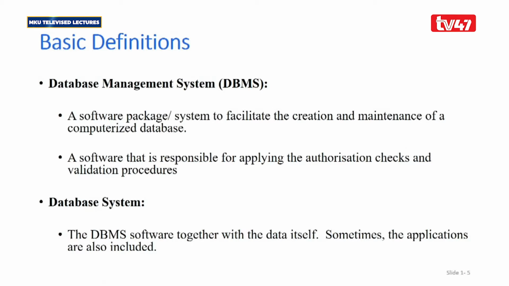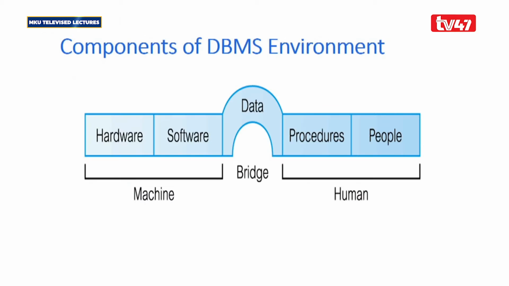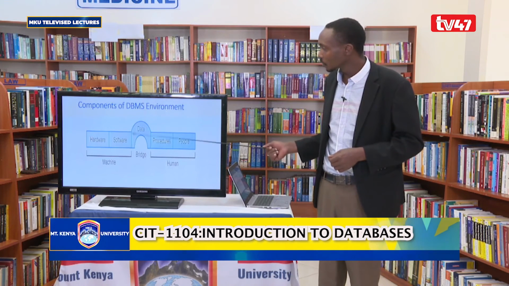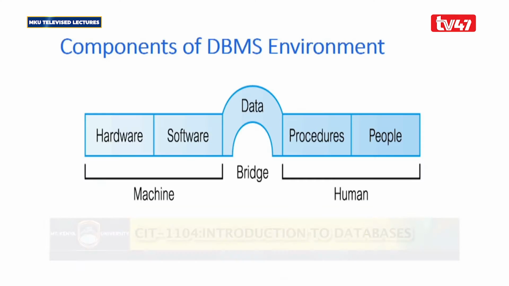We can also look at the database management system environment, and for us to understand the environment, we need to know the components so that we can relate. In a DBMS environment, we have the following components: hardware, software, data, which is very important, procedures, plus the people.